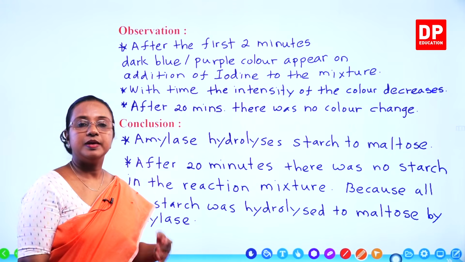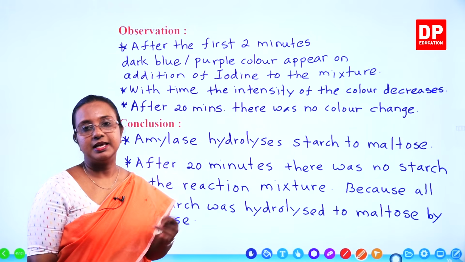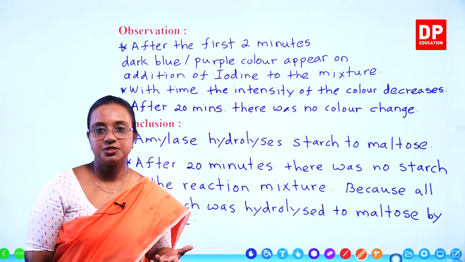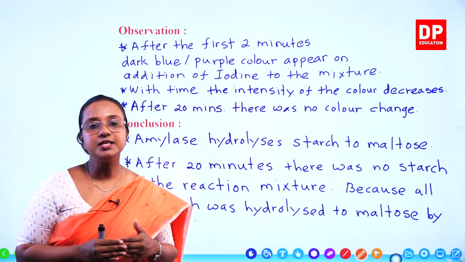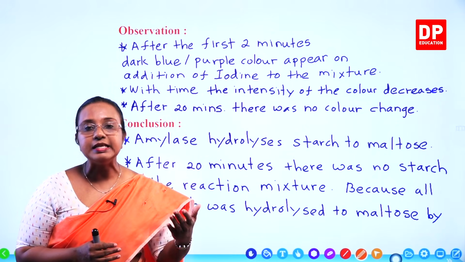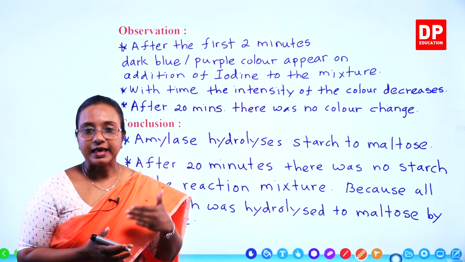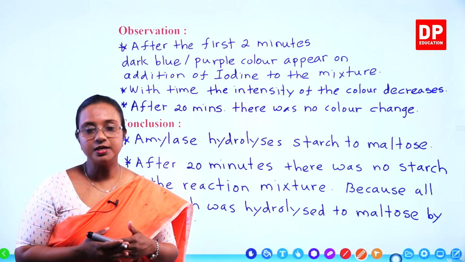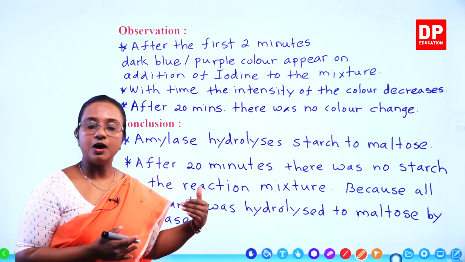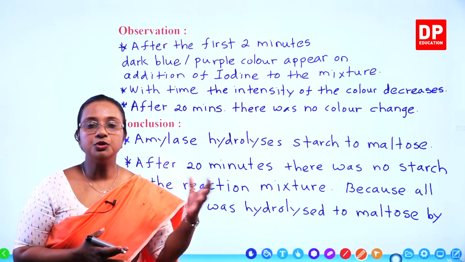So there we have demonstrated the activity of amylase on starch. So students, now you have understood how enzymes act on substrates. They can hydrolyze the substance to their constituent components, like how amylase hydrolyzes starch to maltose.